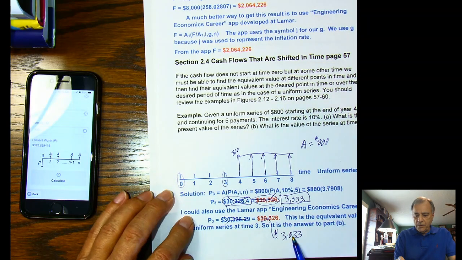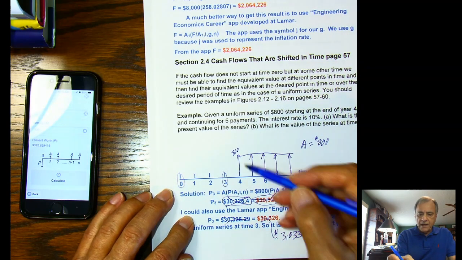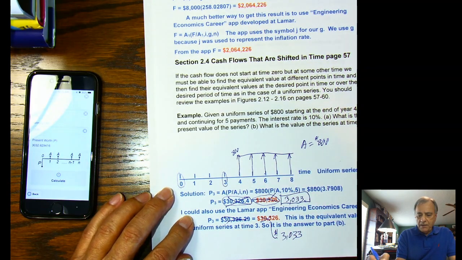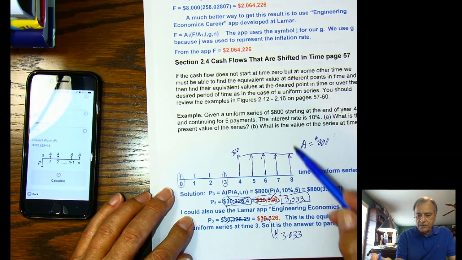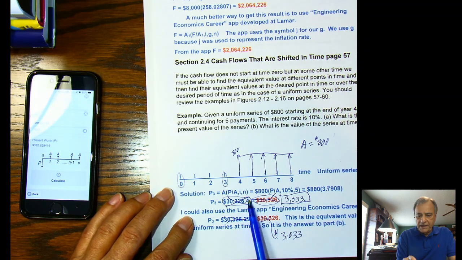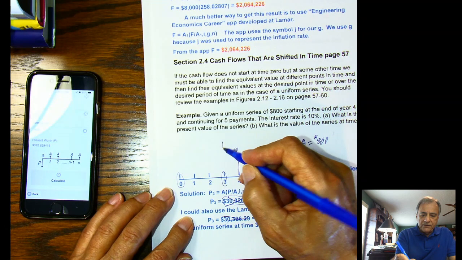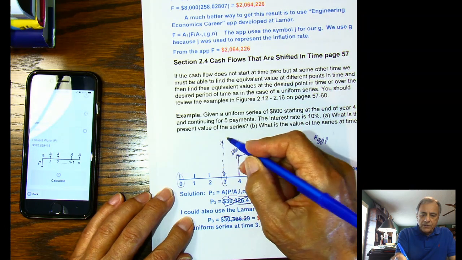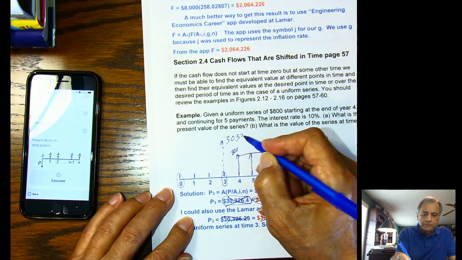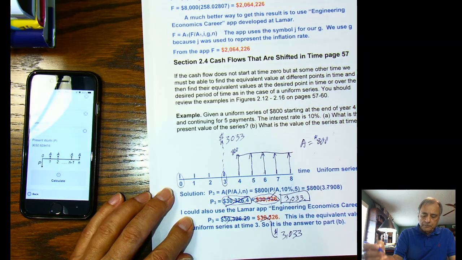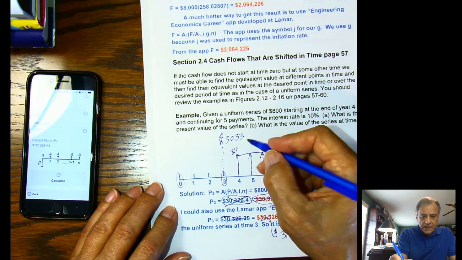So this number here is the value at time 3, because anytime you multiply a uniform series amount by P given A, you get a value of P that is 1 year before the first A. So this value right here, this present value, is 3033.